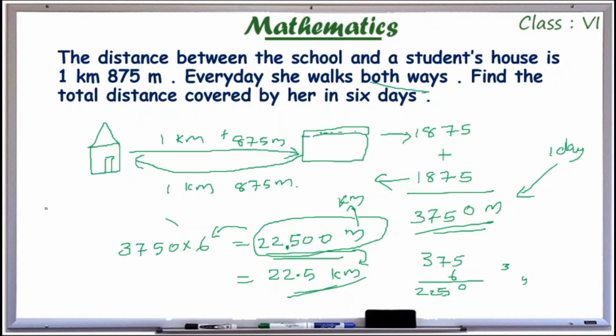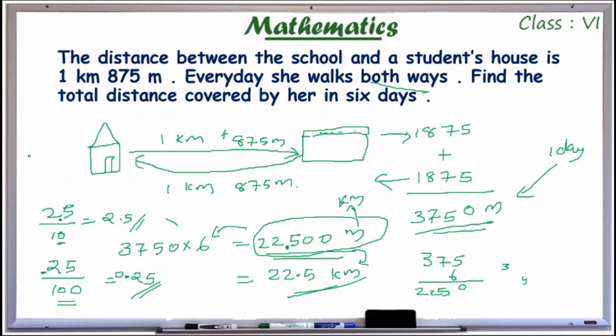So easiest way to divide is, if you want to divide 25 by 10, here 10 we have 1 zero, so move the point 1 place to the left side, we get answer 2.5. If it is 25 by 100, here 100 has 2 zeros, so move 2 places to the left side, we get 0.25.